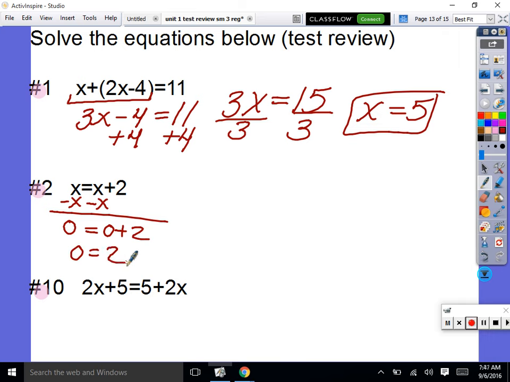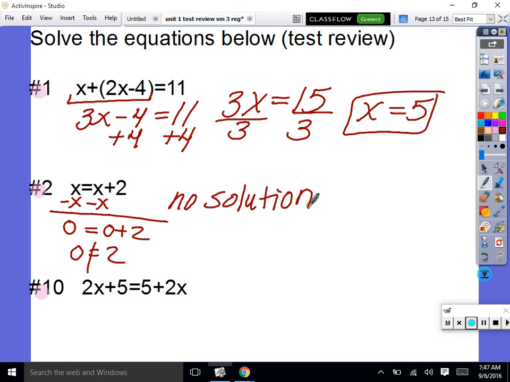Is that a true statement? No. So we would say no solution. Our x's went away. It wasn't a true statement. That's not true, so we would say no solution. Literally, you can't solve for x. You will never be able to plug in numbers and make this a true statement if you plug in the same for x.